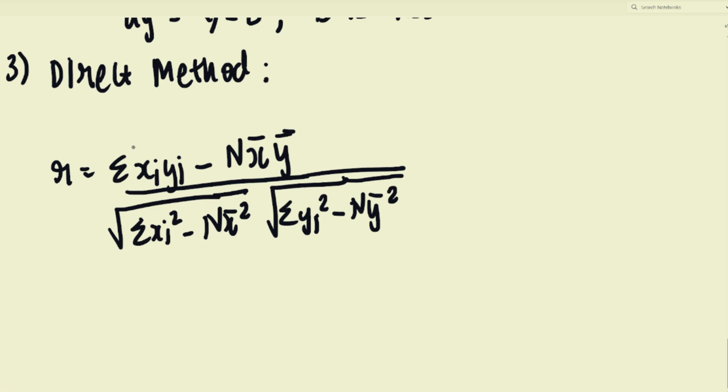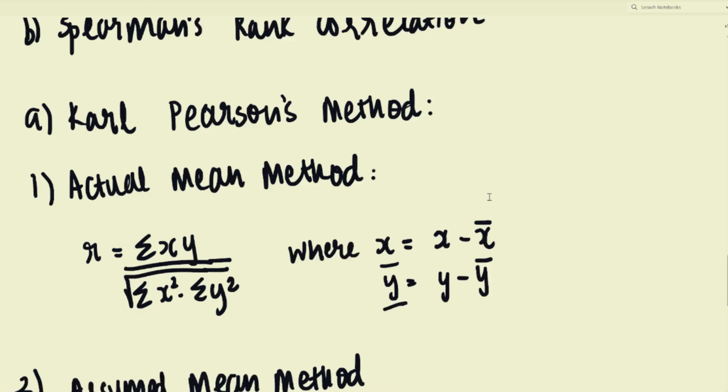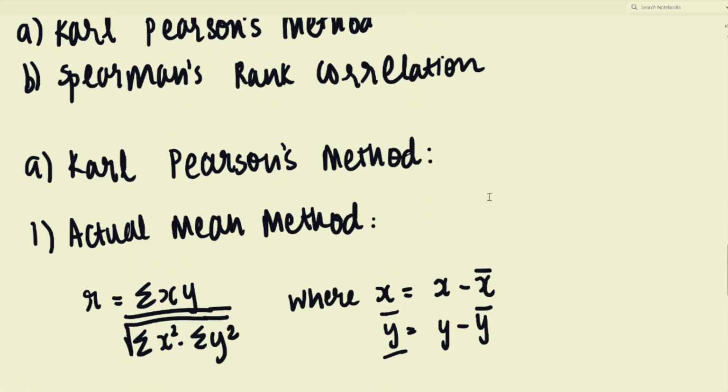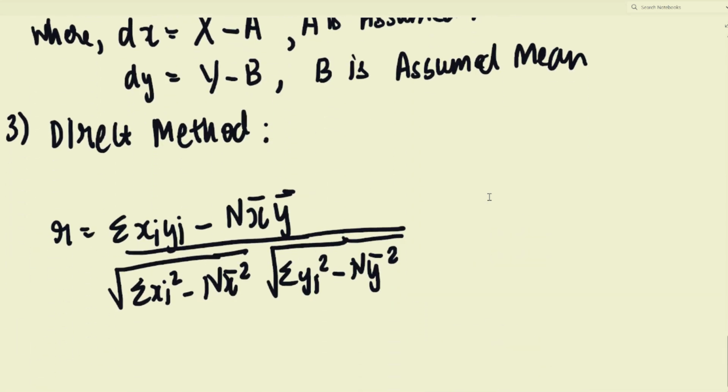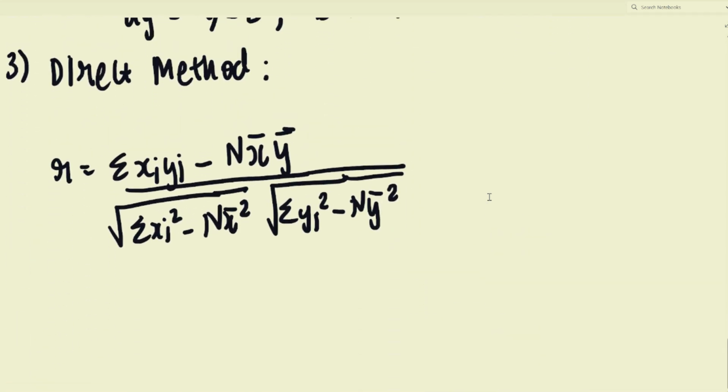So these are the methods to solve Karl Pearson's coefficient. First one is actual mean, then assumed mean, and third is the direct method.